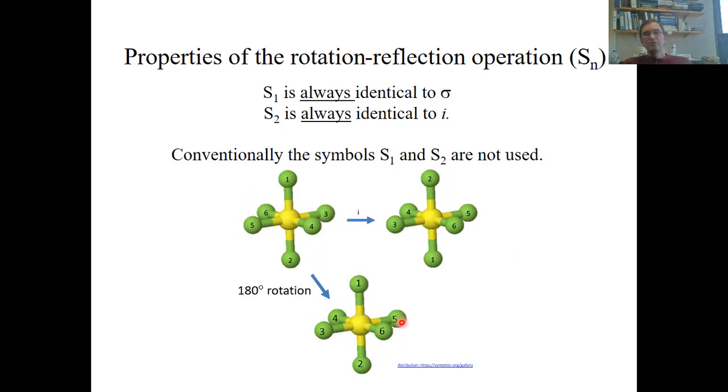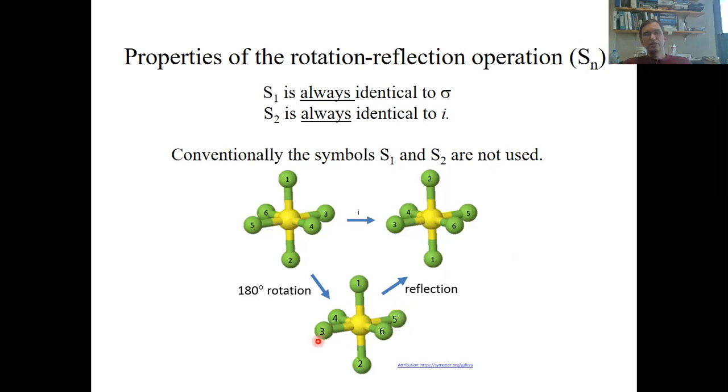All right. So now you see that it's still not the same as just the inversion, but now if we are carrying out the second step, the reflection perpendicular to where we rotated, then this is the same as just an inversion.